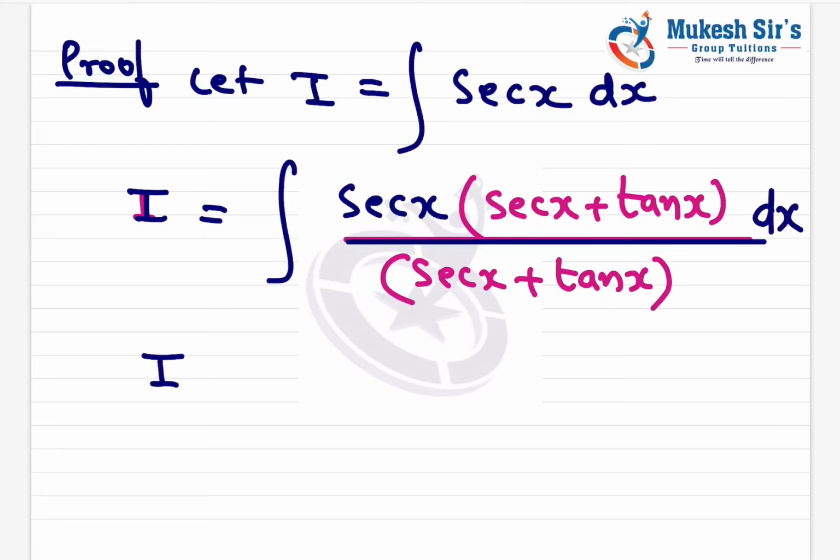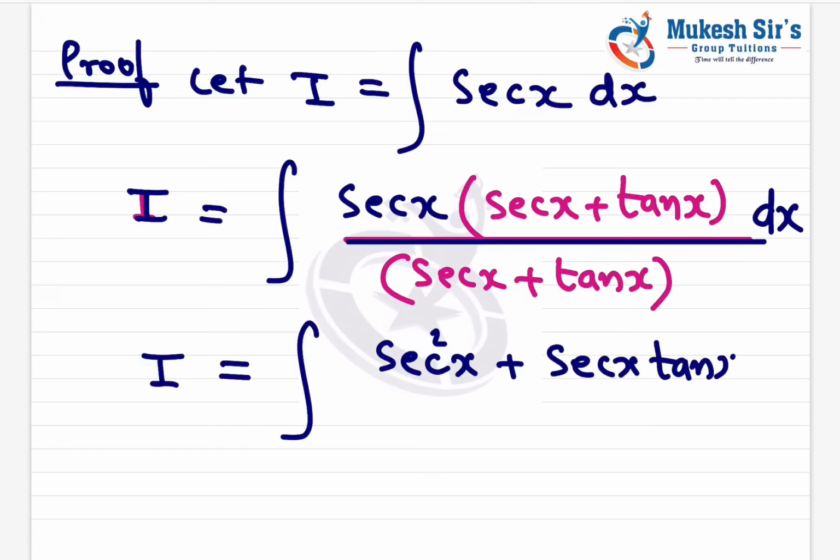When you open the brackets in the numerator, you get integration of sec square x plus sec x into tan x, the whole upon sec x plus tan x, dx, right?